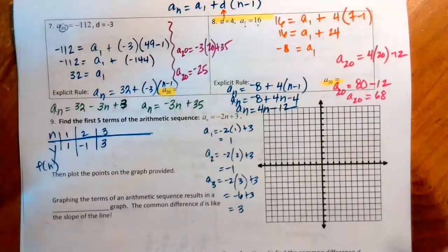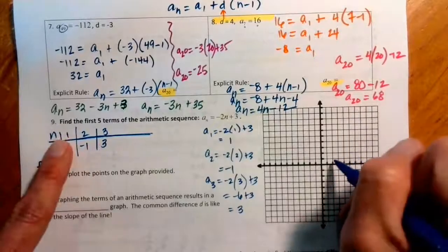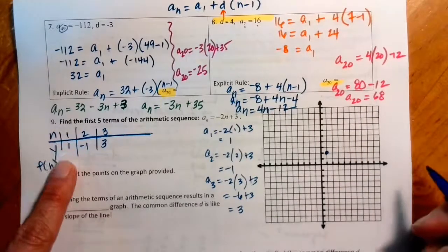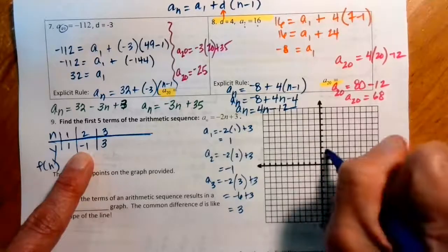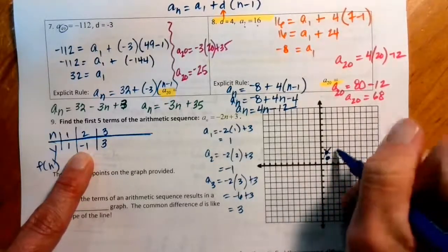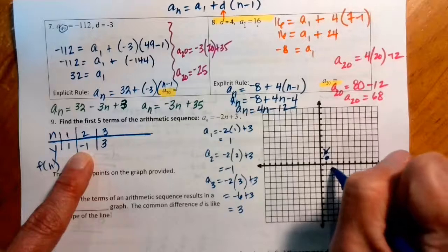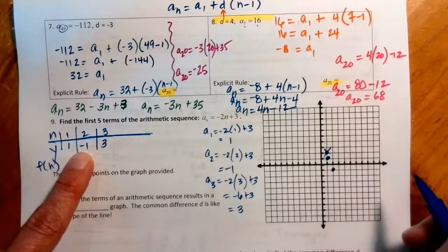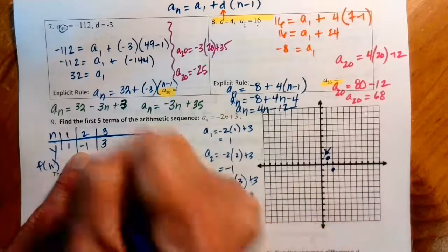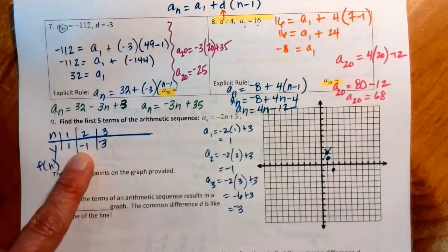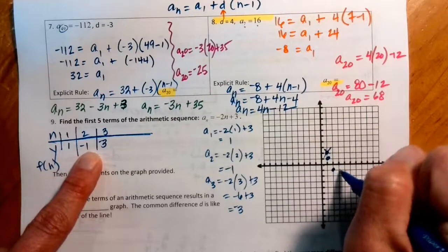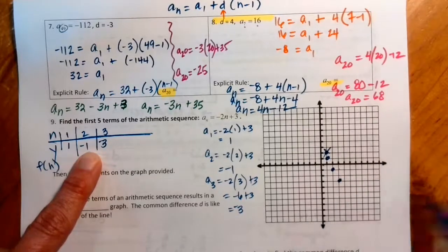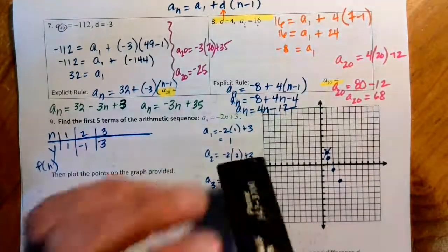So if I go to graph these on the coordinate plane, over 1 up 1, over 2, down 1. Looks like I forgot my negative. Over 3, down 3. I can see the relationship here is linear.